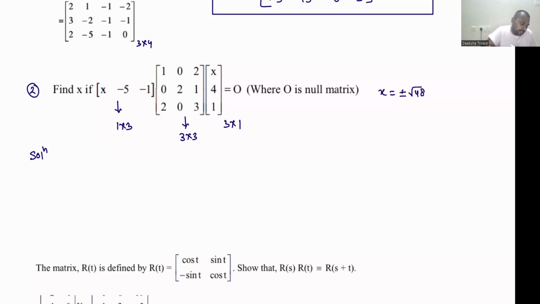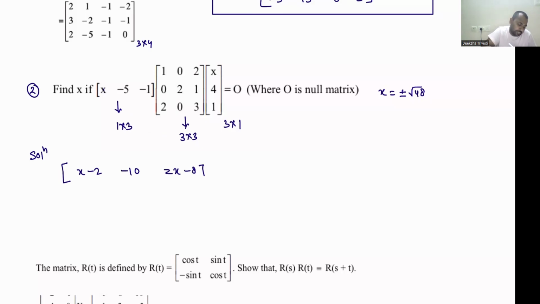So here first we multiply these two matrices. Then we have order 1 cross 3, so we have x minus 2, then minus 10, then minus 2x, minus 5, minus 3.